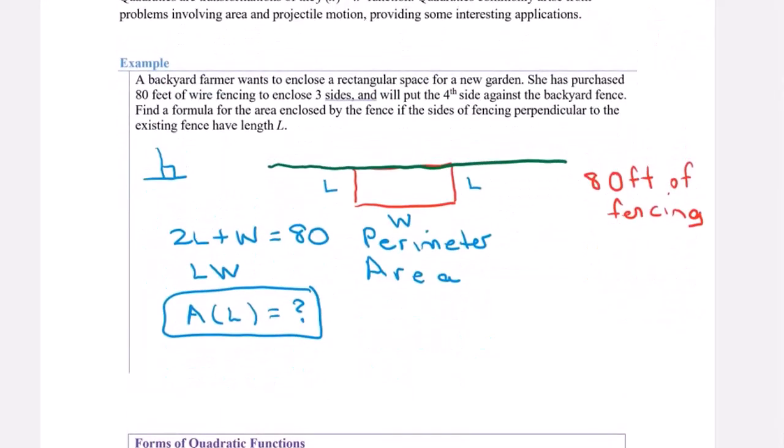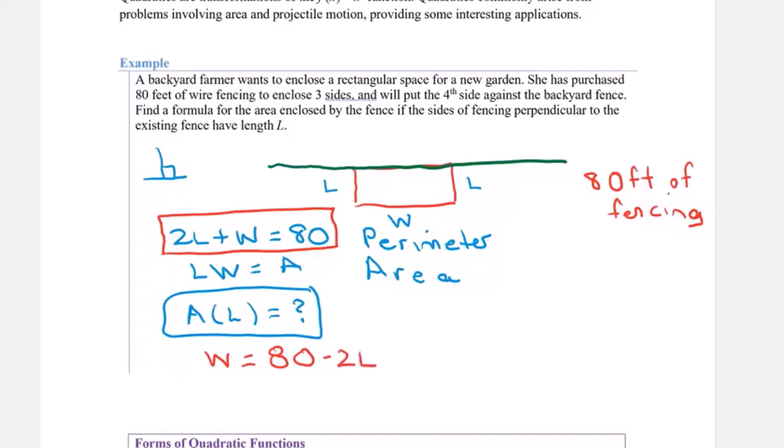Now, L times W equals area. And we're going to get area in terms of L. I also know that from this equation, W is going to equal 80, and I'm just going to subtract 2L from both sides, so W equals 80 minus 2L.